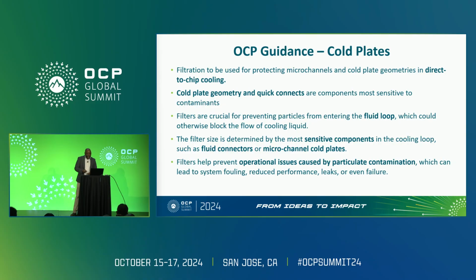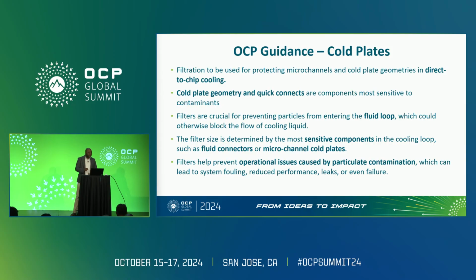Just looking now at some OCP guidance. In direct-to-chip cooling, filtration is really essential when it comes to protecting microchannels and cold plate geometries, which are highly sensitive, obviously, to contaminants. Key components like this are very vulnerable to particulate buildup, potentially blocking the flow of cooling liquid.